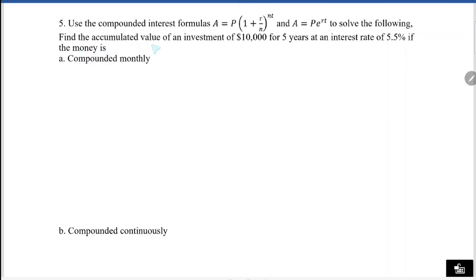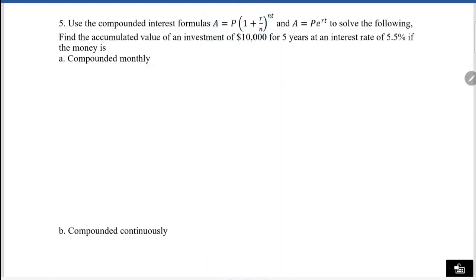Find the accumulated value of an investment of $10,000 for 5 years at an interest rate of 5.5% if the money is compounded monthly. The first part, all right? So to answer the first question, we will need to use the first formula given to us.